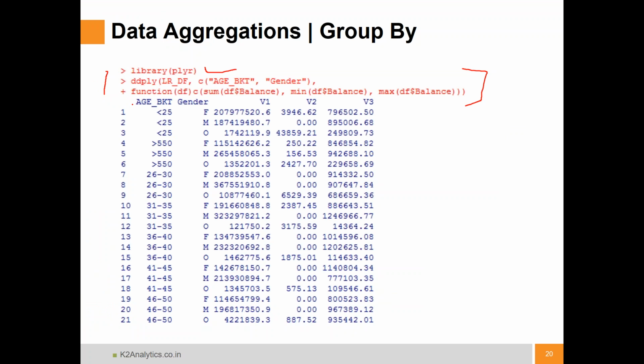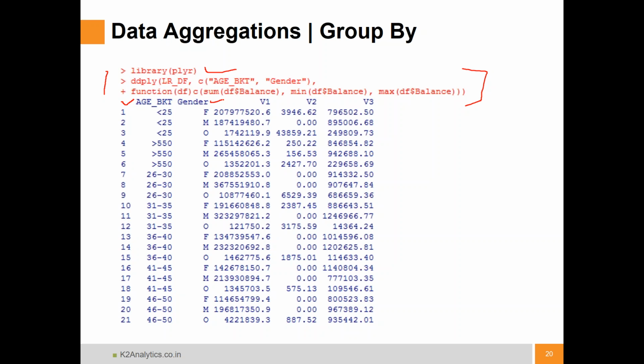So here in this output, I want to aggregate things by age bucket and gender. These are called dimensions. Anything by which you can aggregate is called a dimension. Important dimensions in business are product, geography, time, channel, customer segment.